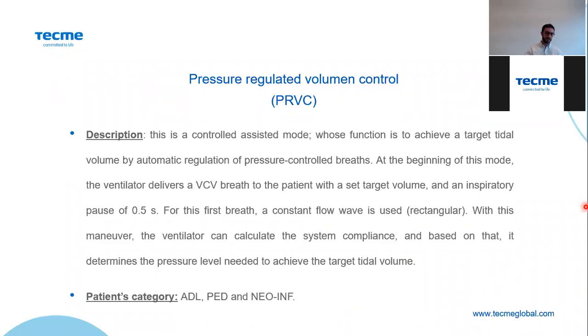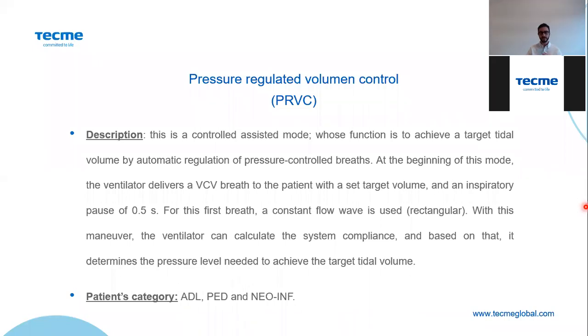It means that the user will set a certain tidal volume to be achieved, to be delivered, and the ventilator will start to modify in a controlled way, breath by breath, the pressure in order to achieve this volume with the lowest pressure possible.